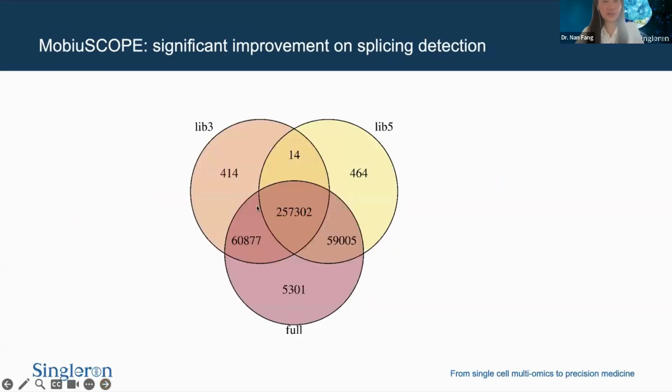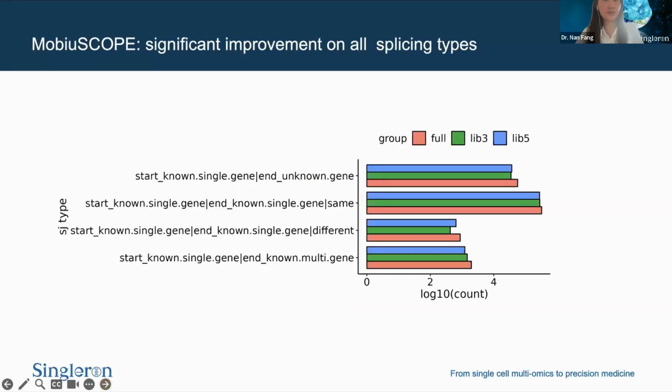And again, here is 3', 5', and the MobiuSCOPE full-length method compared. And again, quite a significant number of splice junctions is detected only with the MobiuSCOPE full-length method.